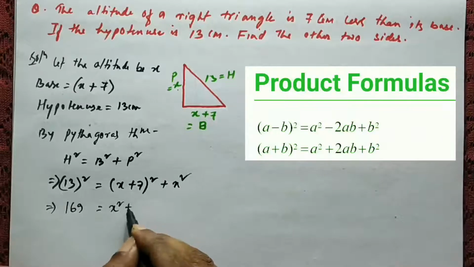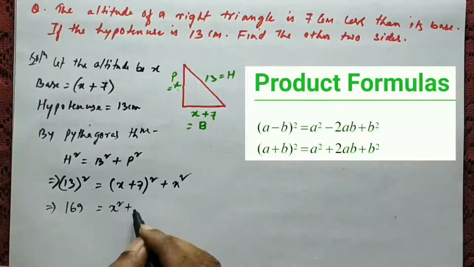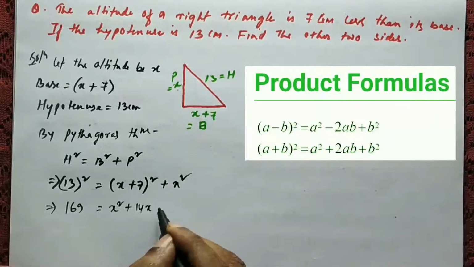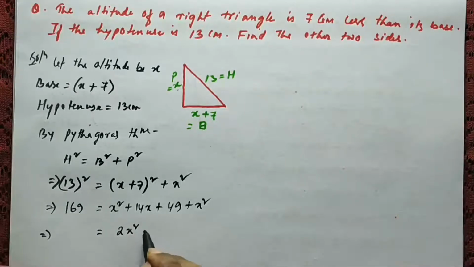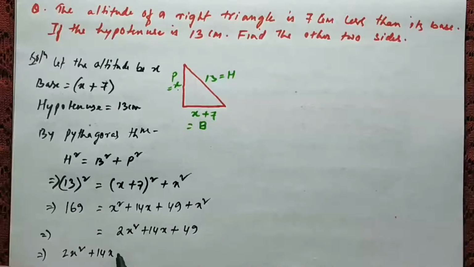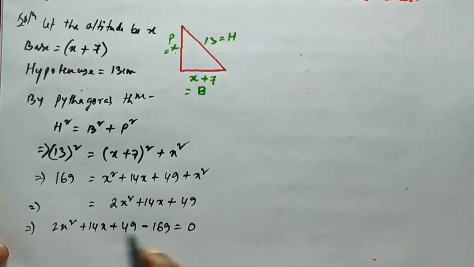x square plus 2ab, 2 into x into 7 is 14x, plus 7 square is 49, so 2x square plus 14x plus 49. This goes to the right, becomes minus 169 equal to 0.